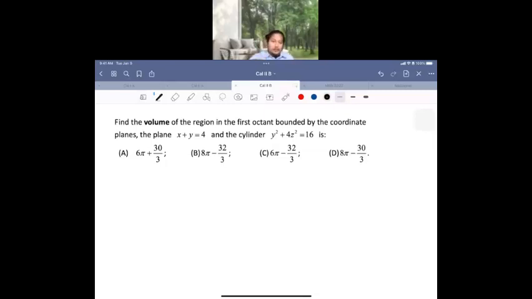So first, perhaps just imagine what kind of cylinder this should be. If we look at y squared plus 4z squared equals 16, then perhaps this is a little bit like an ellipse, right? Like an ellipse.